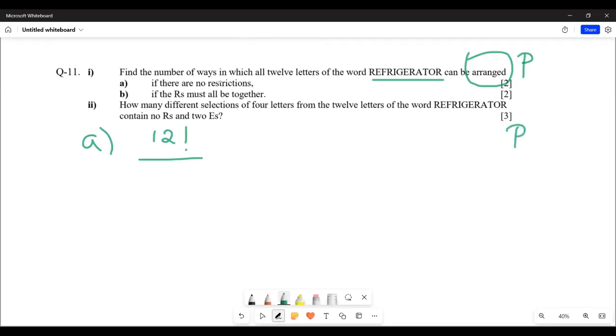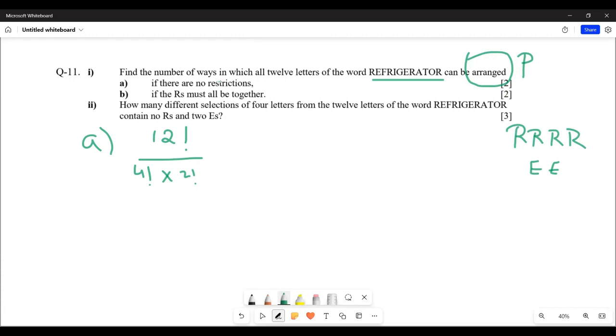We have R, R, R, and R. So 4R, so 4 factorial times E is there twice. So times 2 factorial times anything else that is repeating.